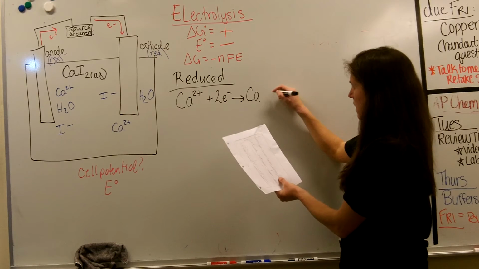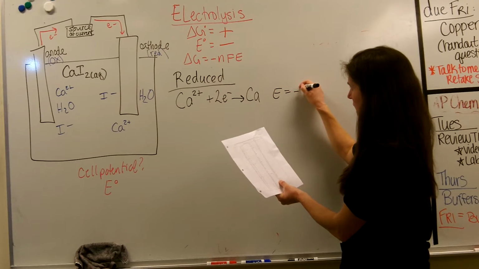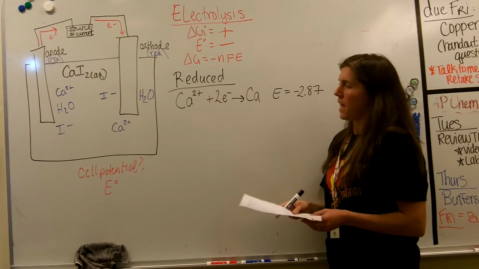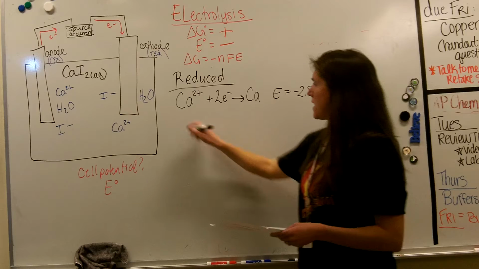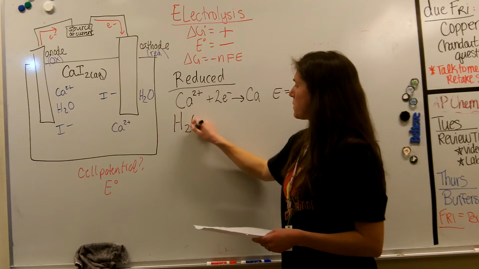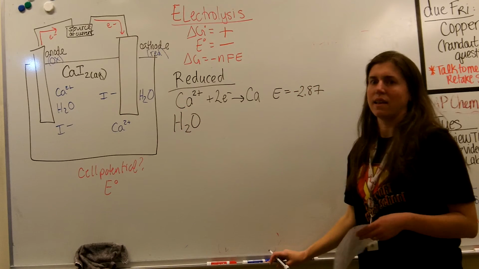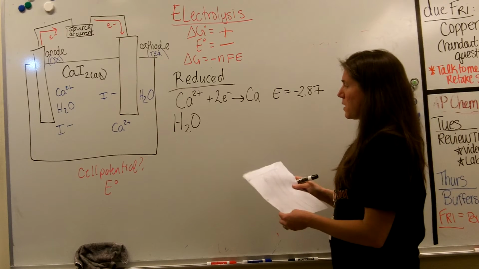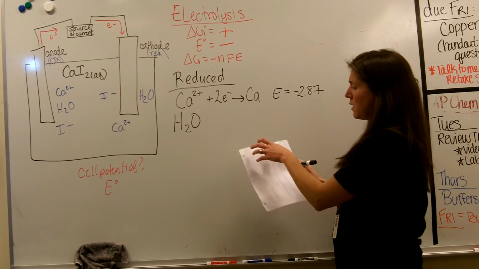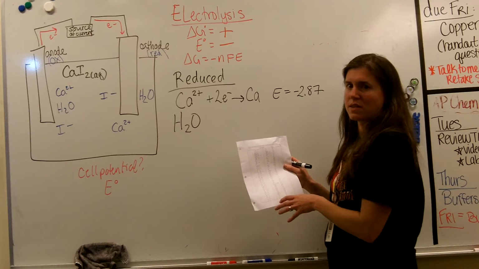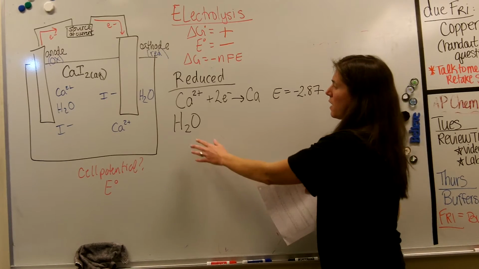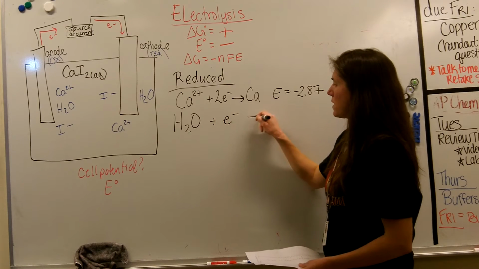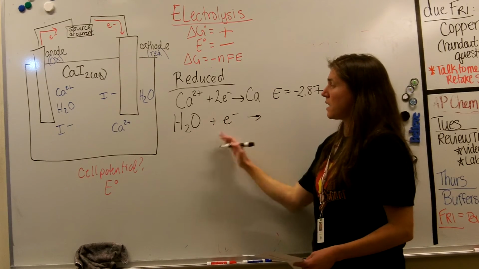That's near the bottom. It's got an E value of negative 2.87. Okay, and I will look, for example, where water is reduced. This one you're not likely to be able to just guess what the products are of that reaction. But what you want to do is scan through your table of reduction potentials, and you're looking for a reaction where water and some electrons are on the same side of the arrow.